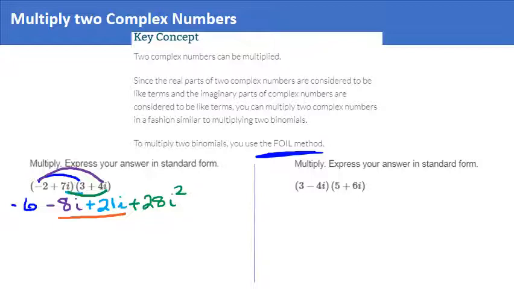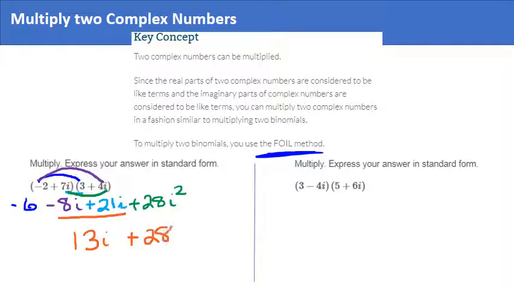Alright, so now we can combine like terms. So that is negative 8i plus 21i. What does that give you? That gives you a 13i. And then you can change that i squared into a negative 1.